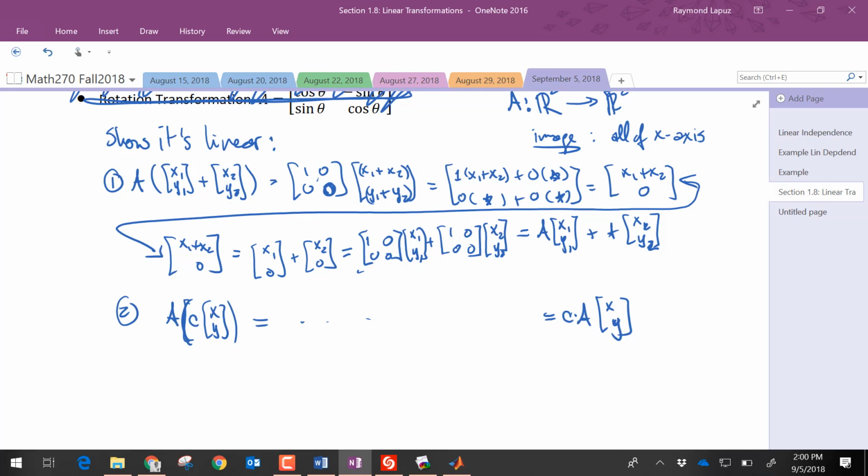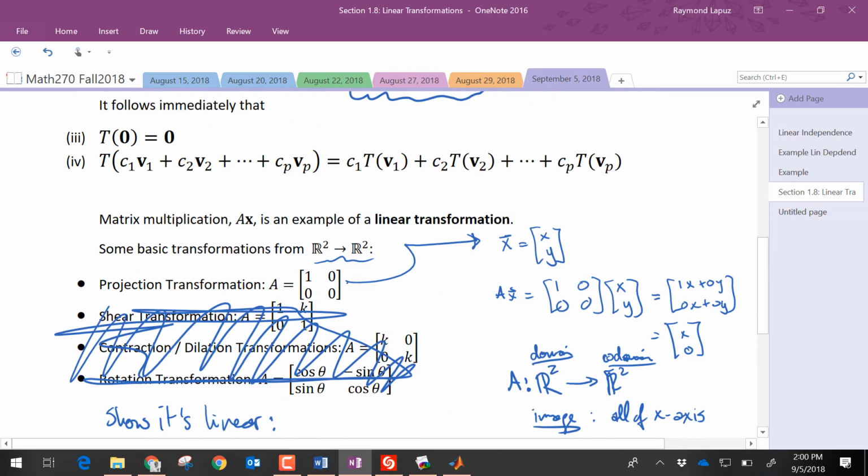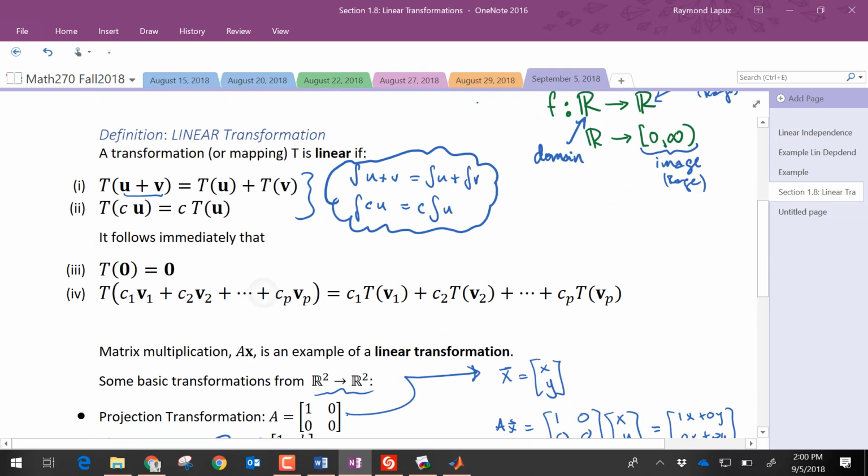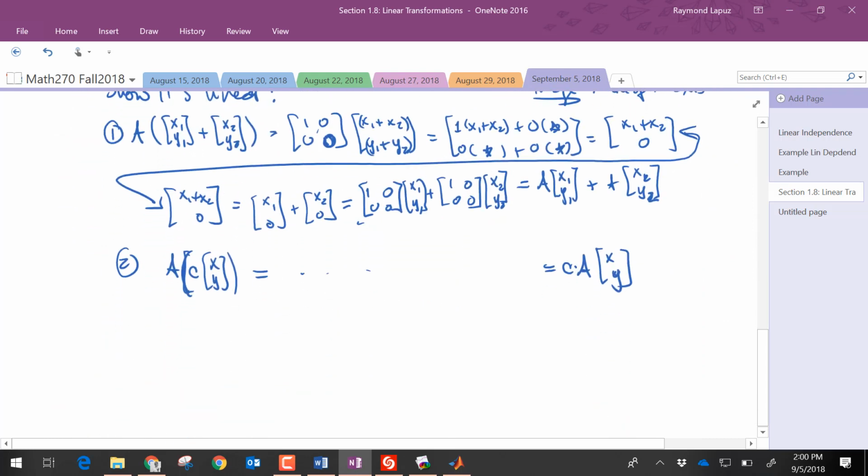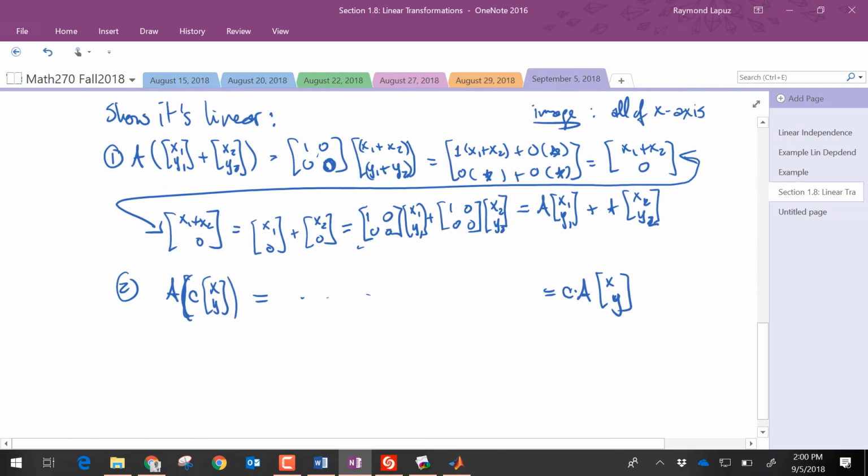If you do this multiplying by a scalar, we'll see this is going to be a true statement which satisfies our second condition, just with a t instead of an a there. It looks like just this second condition for our criteria for a linear transformation.